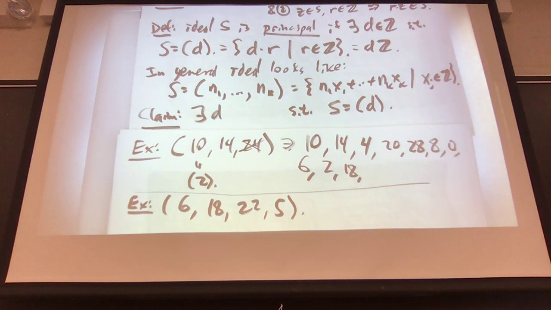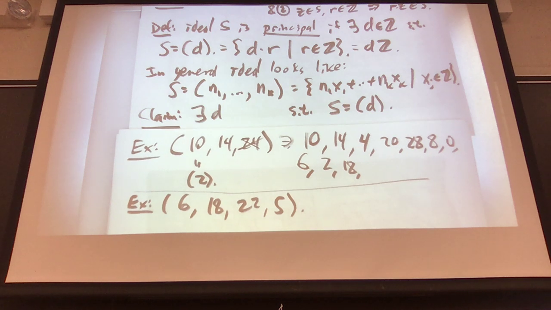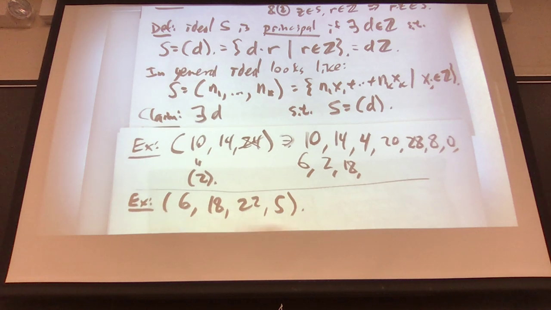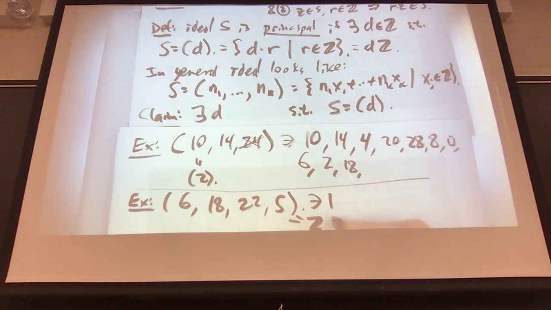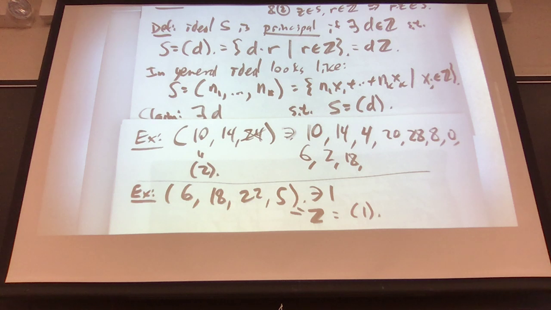So what's the ideal generated by these numbers? Is it all integers? Why? There's a 1. There's a 6 and a 5. So 6 minus 5 is 1. Once you have 1, you have everybody. So this is all integers, and all integers is the ideal generated by 1. It's also the ideal generated by negative 1.